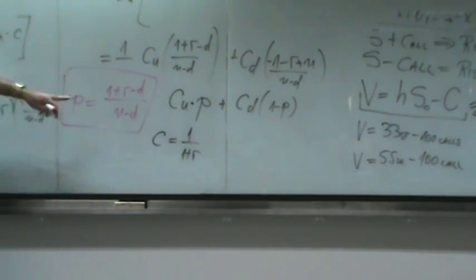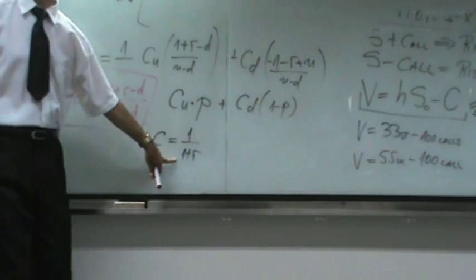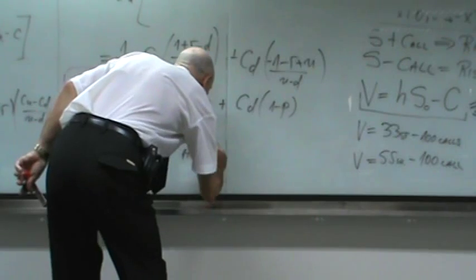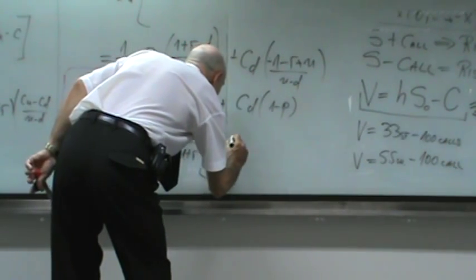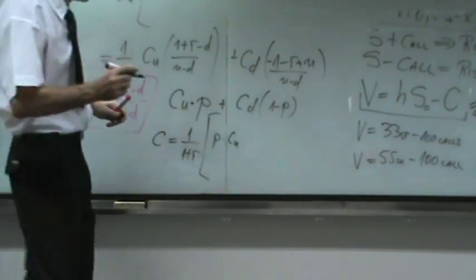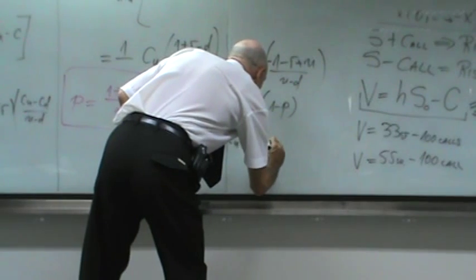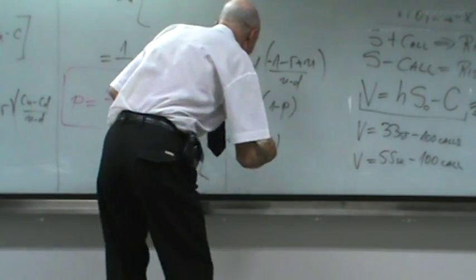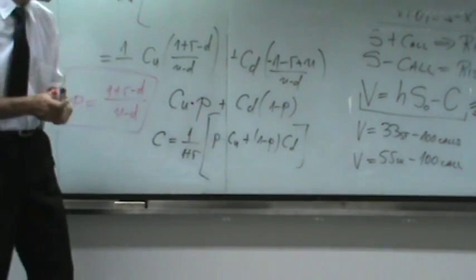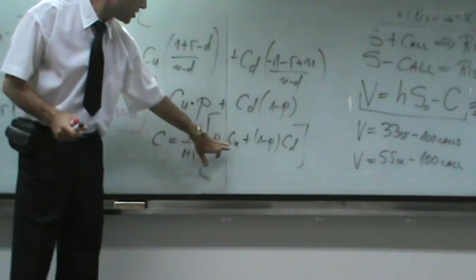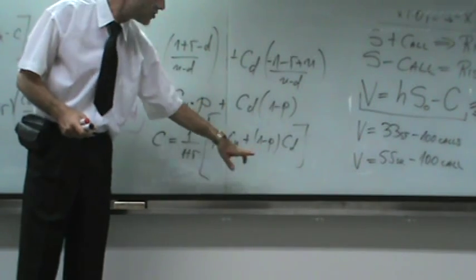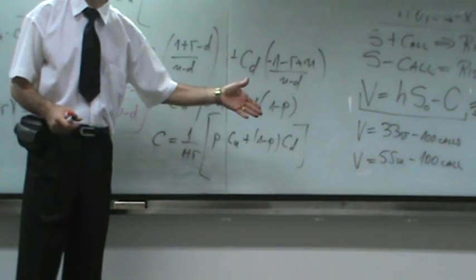And this is the present value of the probability of the call going up plus the probability of the call going down. So if there's a 40% chance to go up and 60% chance to go down, you multiply by the values.